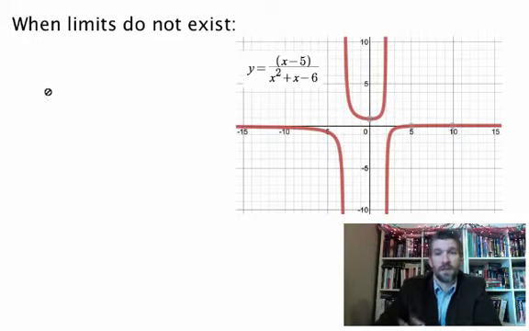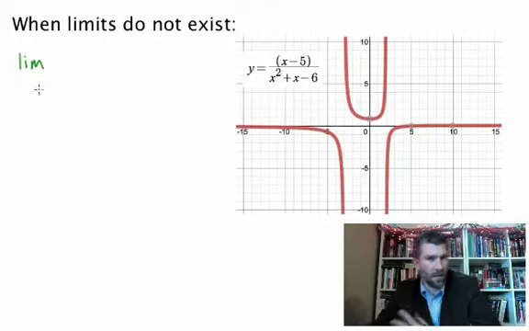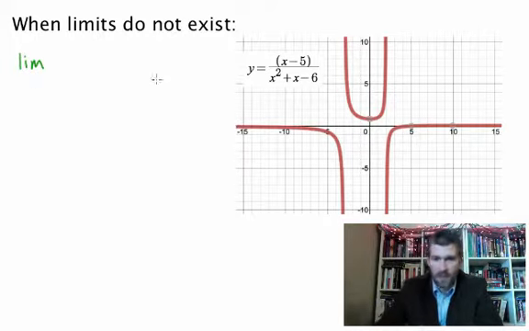It looks a little different. How about this guy? y equals x minus 5 over x squared plus x minus 6. Let's take a look at this and see what happens. So what we're going to look for is, let me get a darker color here. We want to look at the limit, and we can take our pick here in a couple different places. It looks like something is going on right here.